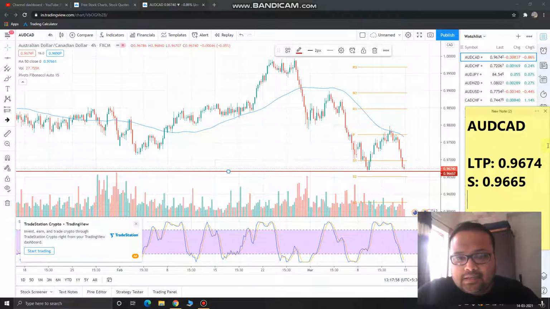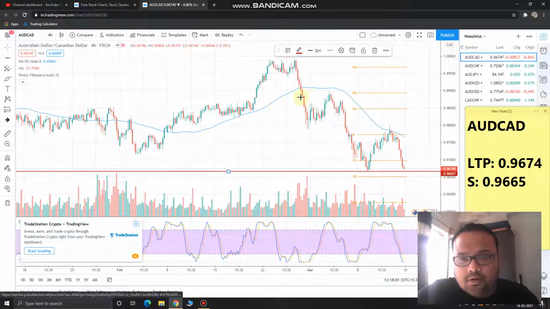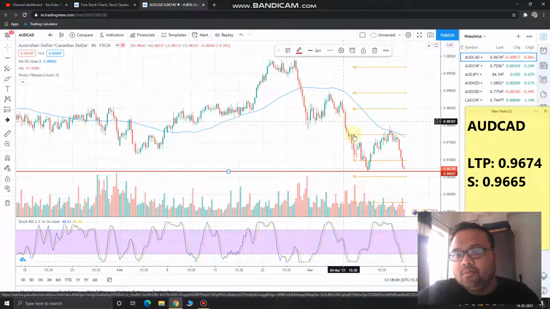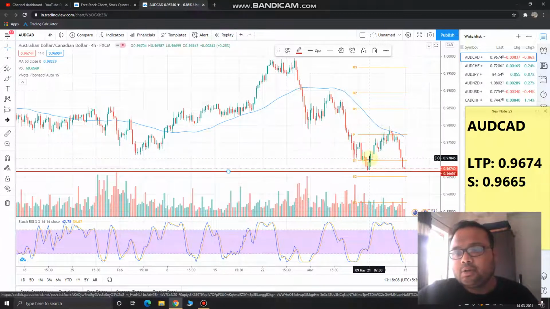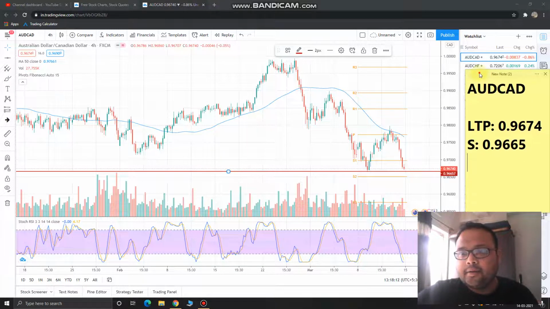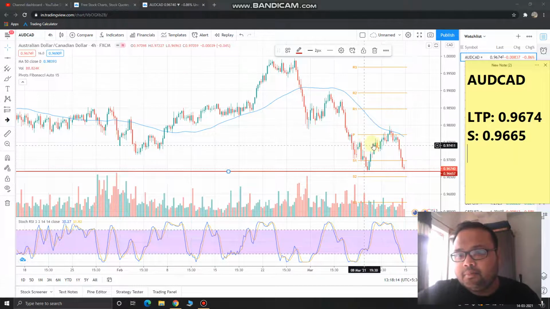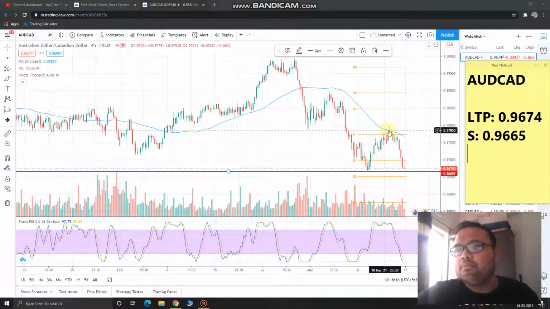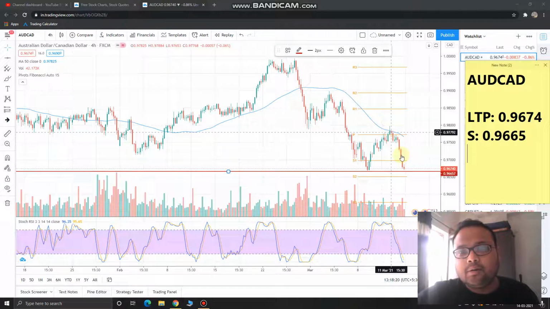So this level is very important for the market. The support level is very important because when market fell big time, you can see that market bounced from here, and it was not a small bounce. It was a good bounce for the market. And from there market went up, got resistance at the 50 moving average, and as a result, it had to come down again.